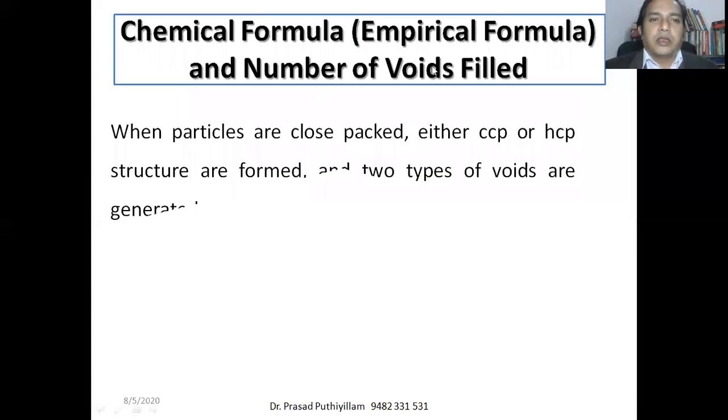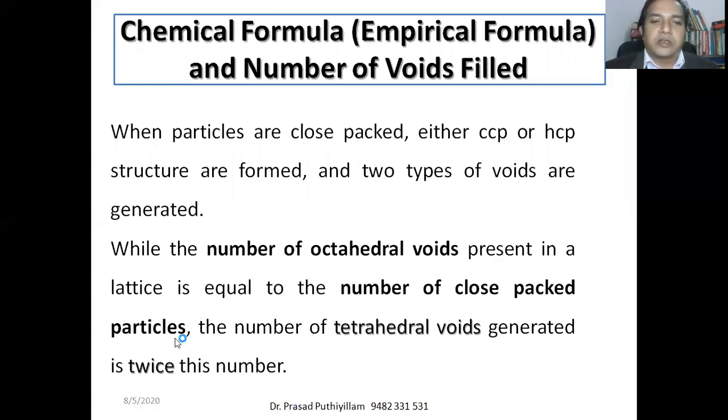Now, the chemical formula or empirical formula and the number of voids formed: how they are connected, and how, by knowing the number of voids filled, we can write the chemical formula, at least the empirical formula. When particles are close packed, either in cubic close packing or hexagonal close packing, two types of voids are generated, octahedral voids as well as tetrahedral voids.